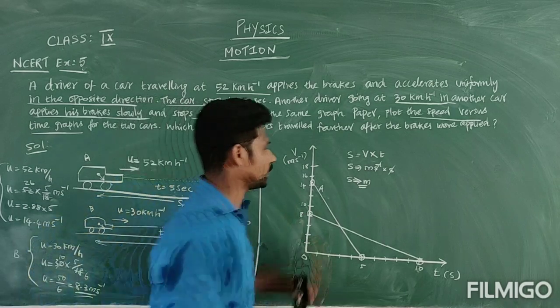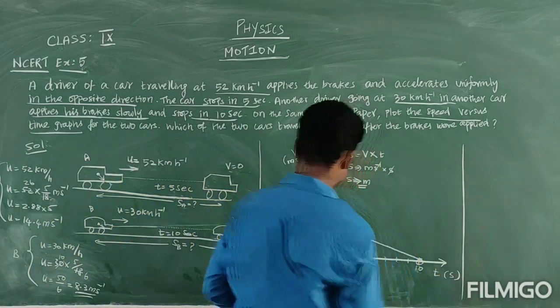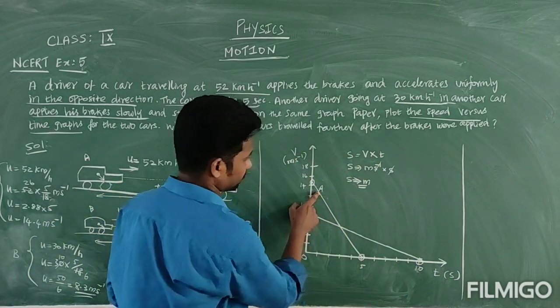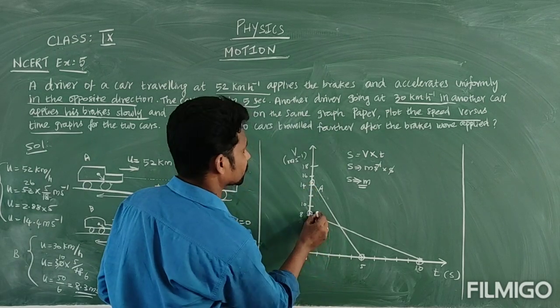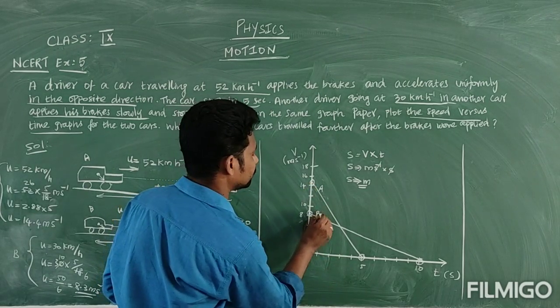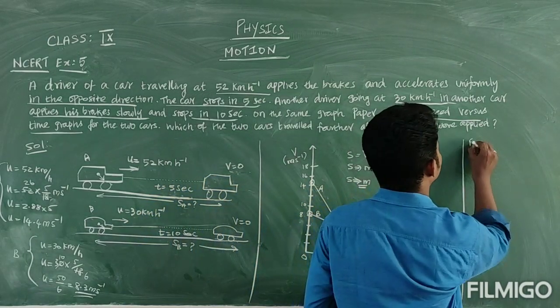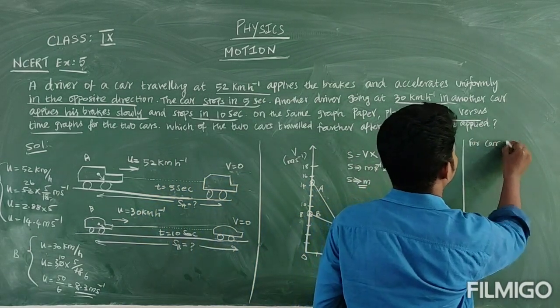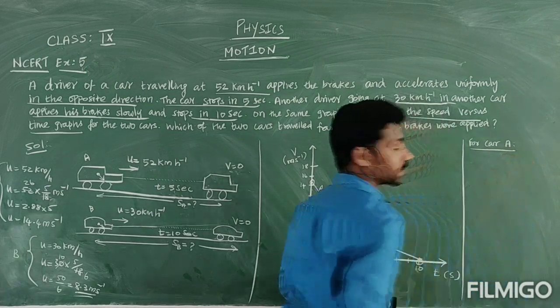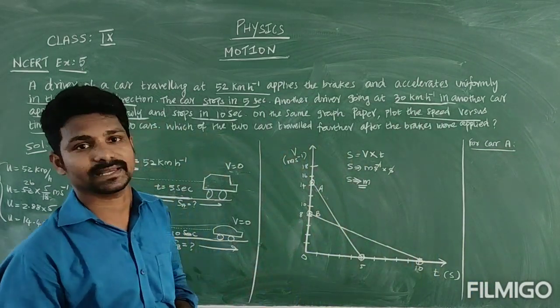So now we are going to calculate the area of the first graph, for A. This one is for the car B related graph. For car A we should calculate the area.